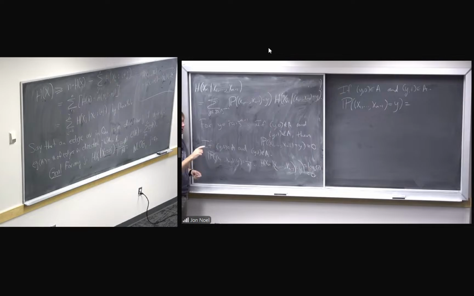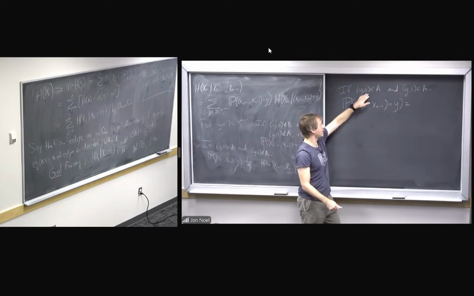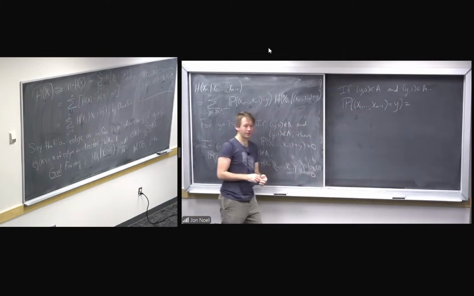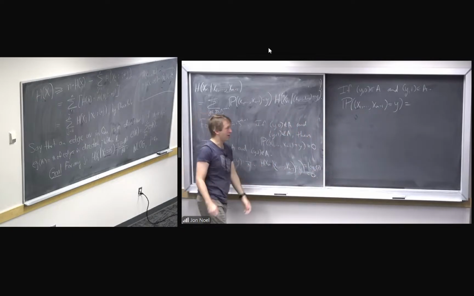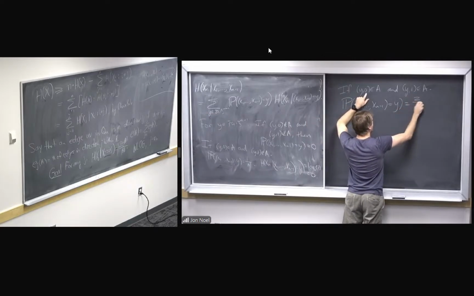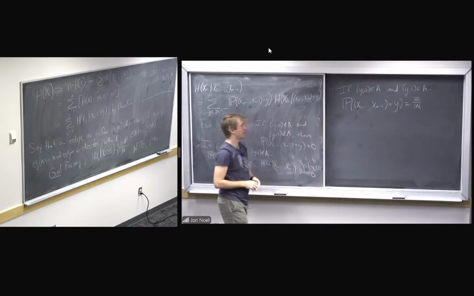I pick something randomly from A, and I want to know the probability that the first n minus 1 coordinates give me y. Yeah, exactly, there's two chances. It could be this one, it could be this one. And everything has probability 1 over A, right?